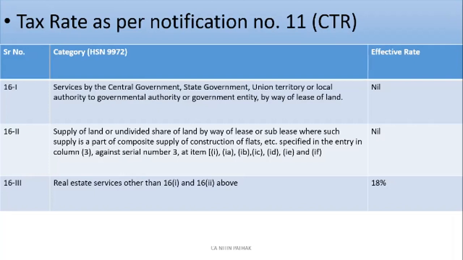Lease of land by the state government is not exempt, because when we are paying lease rent, it is liable. It is not a residential house; it is commercial or industrial property, so it is liable for GST. That is what they are saying, which we have already discussed earlier. Supply of land is covered under category HSN 9972.